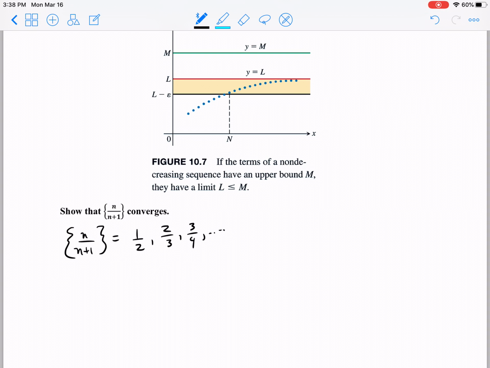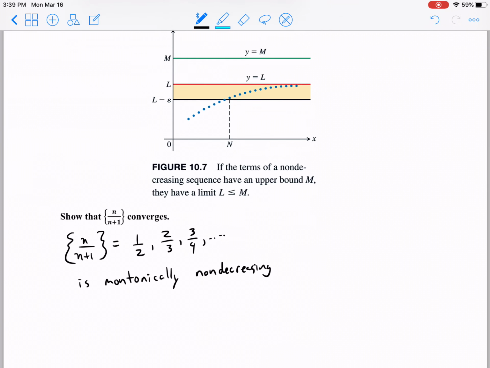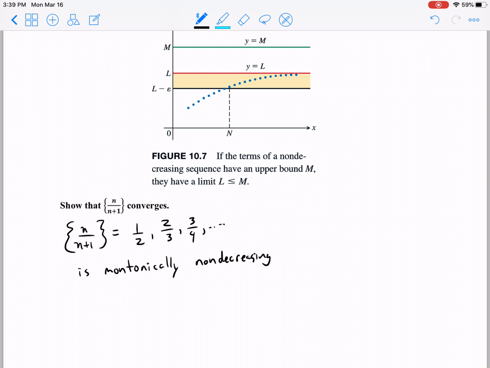So this is monotonic, and it's non-decreasing. That's what we were saying up above. It's monotonic because it's non-decreasing, and non-decreasing because every term is bigger than the previous. This keeps getting larger and larger, closer and closer to 1.